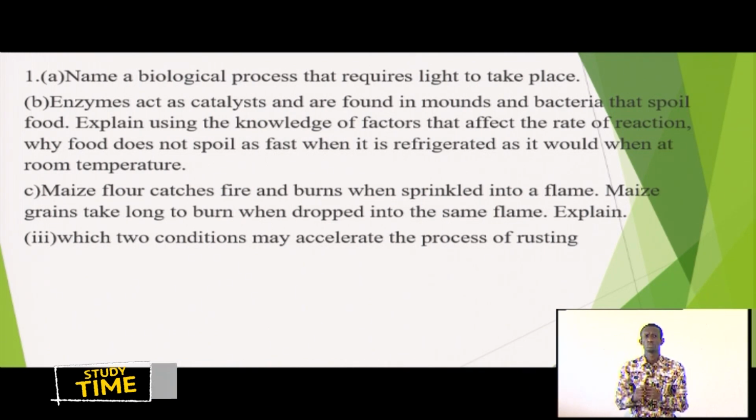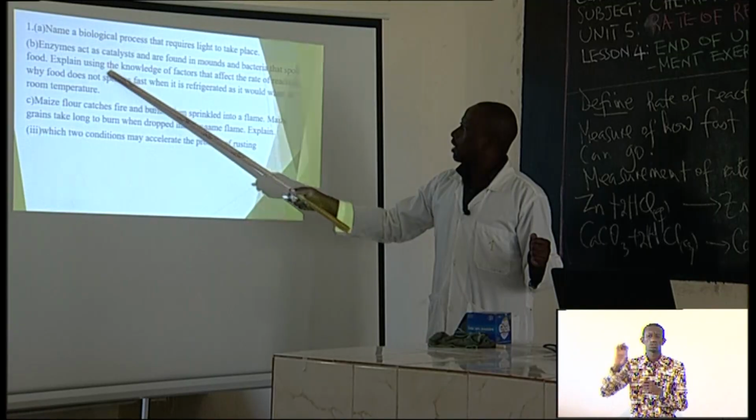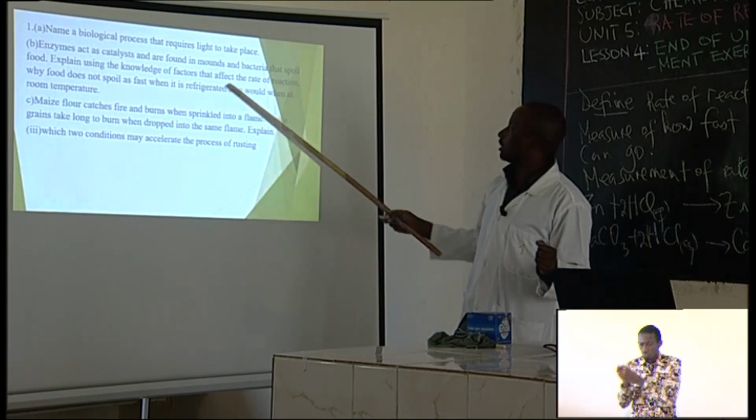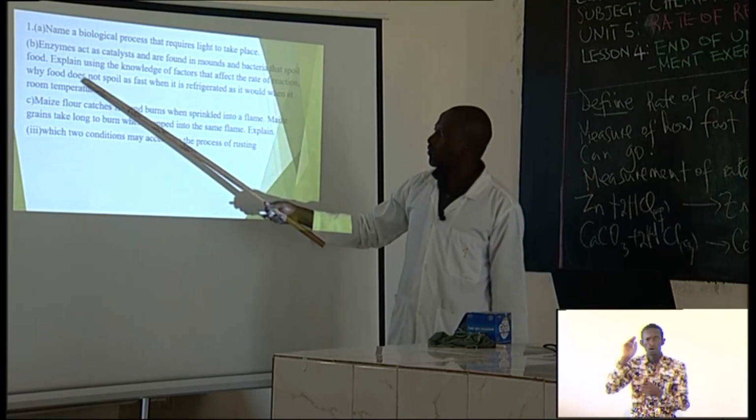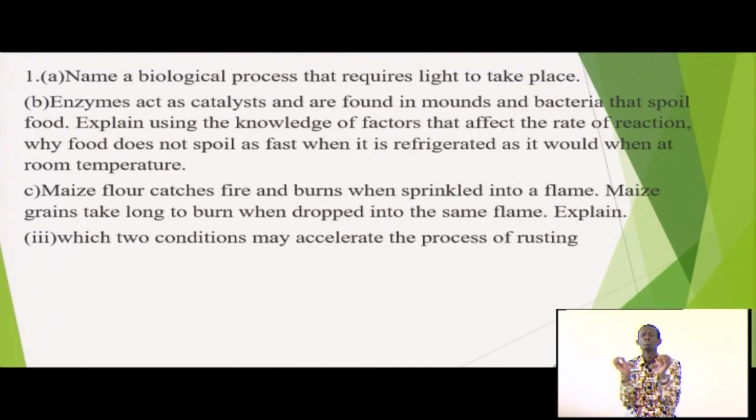B, enzymes act as catalysts and are found in molds and bacteria that spoil the food. Molds are these substances that grow on bread. When the bread is getting expired, there are some substances that grow there. Explain using the knowledge of factors that affect the rate of reaction why food does not spoil as fast when it is refrigerated as it would at room temperature.